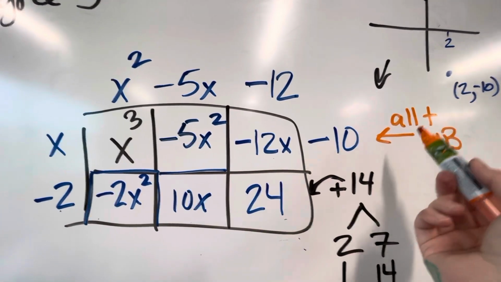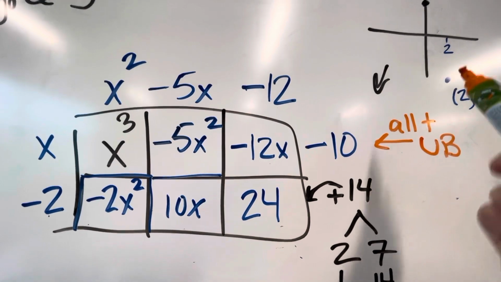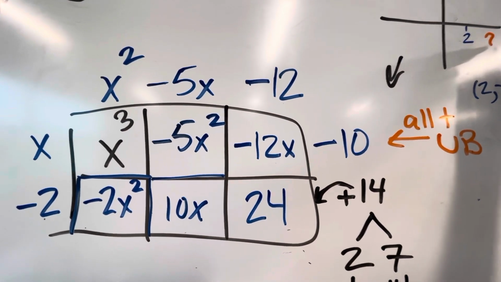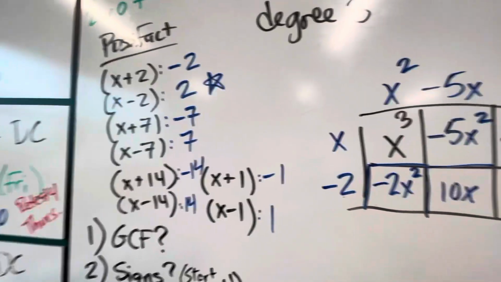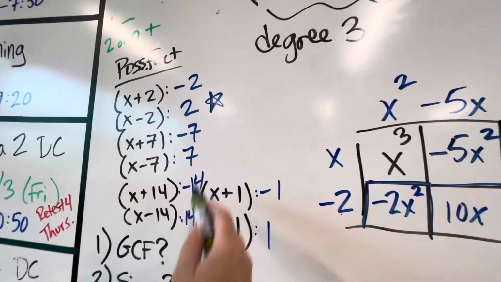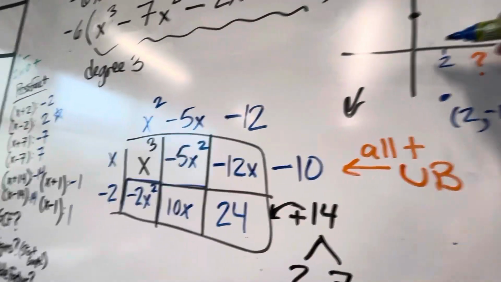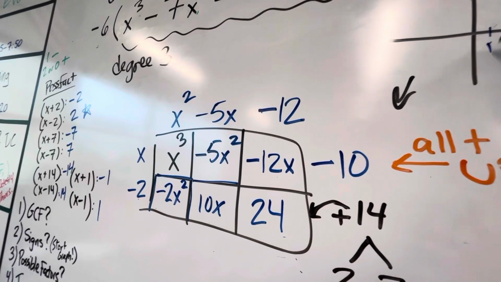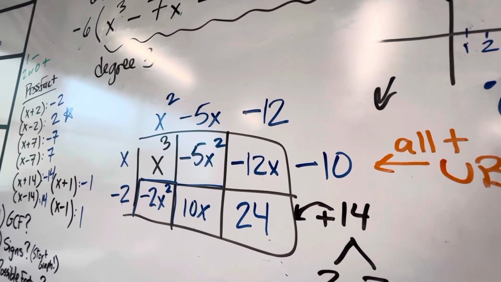So what I do know is that 2 is not an upper bound, which means I might have another 0 that's bigger than 2. I'm going to take a quick minute to list all of these zeros on my axis here. I had a 1 and a 2 and a 7 and a 14.